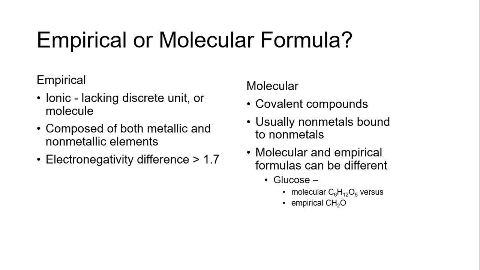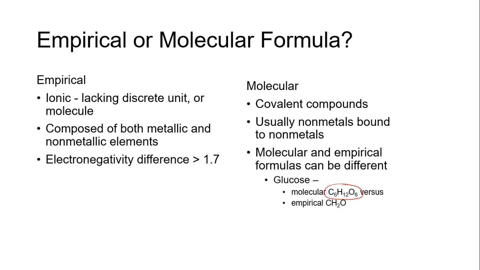Now, molecular and empirical formulas can be different. Here's a great example. Let's take a look at glucose, that is sugar, the type of sugar that we cook with. One molecule of glucose is found as C6H12O6. That is, one molecule has 6 carbons, 12 hydrogens, 6 oxygens, all bound together.